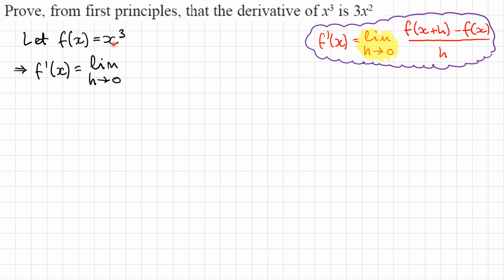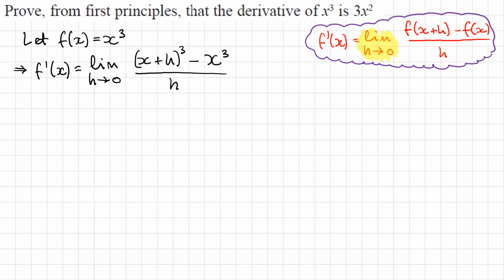Right, okay, so that means just replace the x that you have in the function with x plus h. So this is going to be x plus h cubed, f of x plus h. So x plus h, there's my substitution for x cubed, minus f of x, well that's just x cubed, over h.